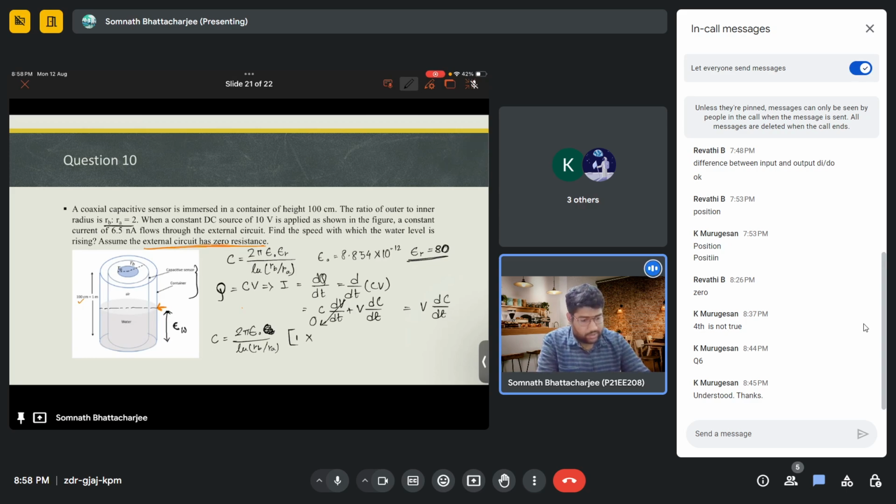So it will be nothing but 1 into the length, that is L. Let's say this as L1 and this as L2, the lengths of these things. So L1 plus L2 we already know, that is the value of this. So let's say this is L1, 1 into L1 itself, and the other part will have the water. So the value of epsilon r will be here into the value of L2. So let me take my calculator.